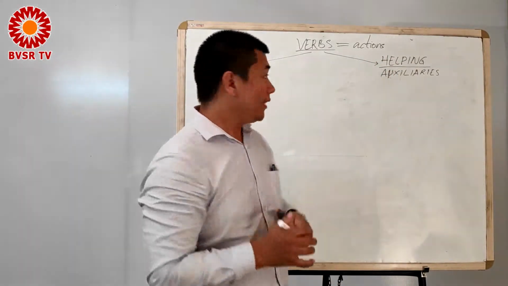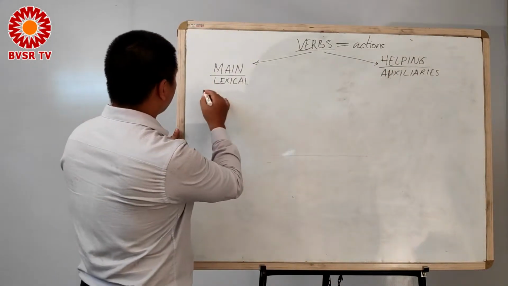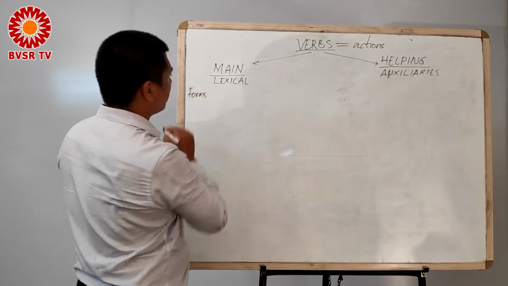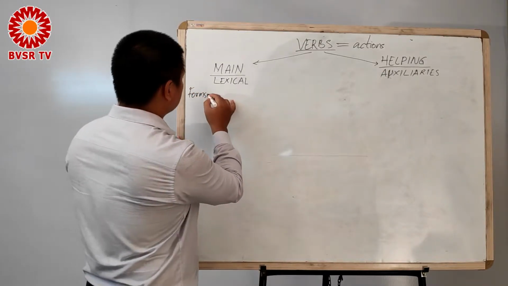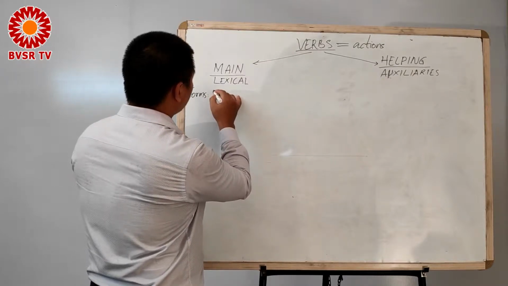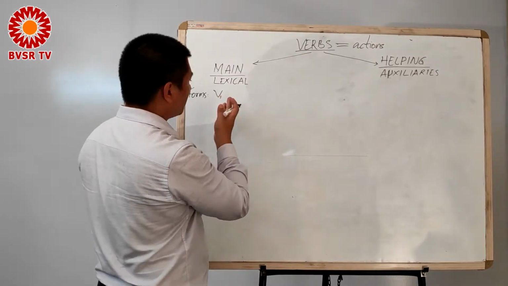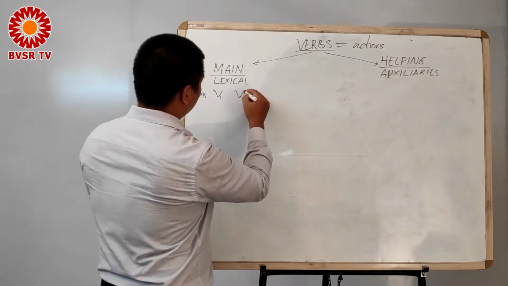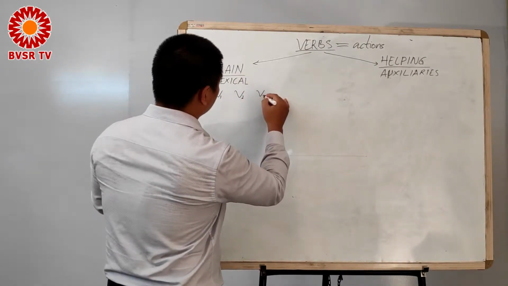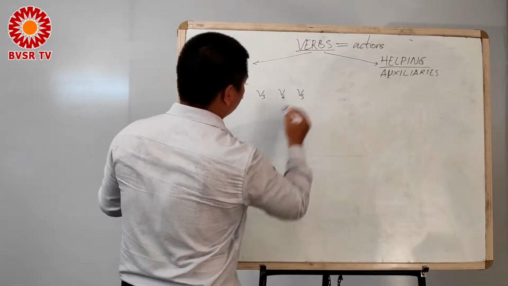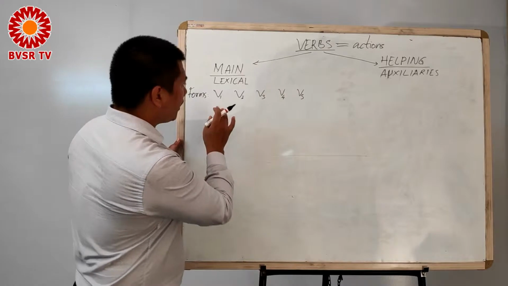It's just simple. Now, under these main verbs, we have five forms. The first one is V1. We call it verb 1. So I just wrote it in short form: V1, V2, V3, V4, and V5. And what is V1?